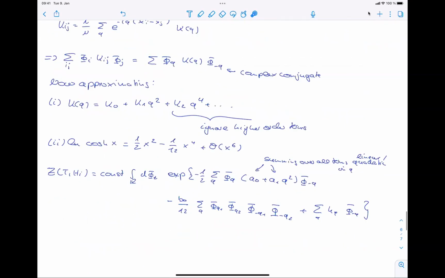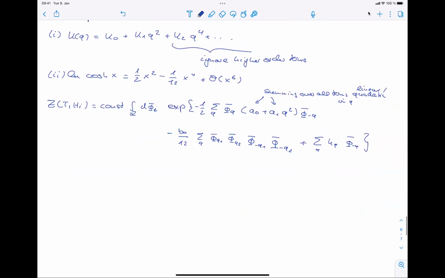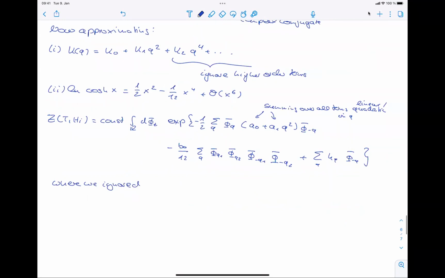And that's the quartic term. That's the quadratic term, and that's the applied field. And so here we now did a simplification. Particularly, we also ignored all higher order terms, since we are interested in these long range dynamics.